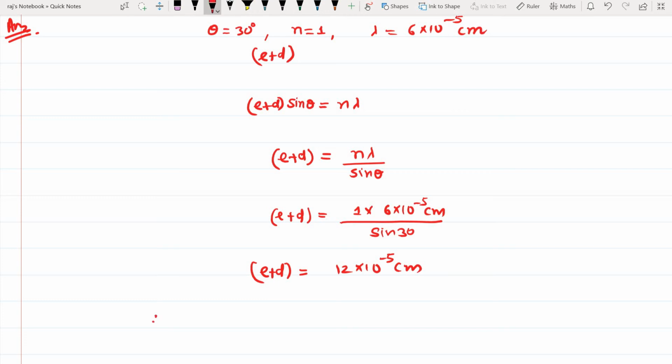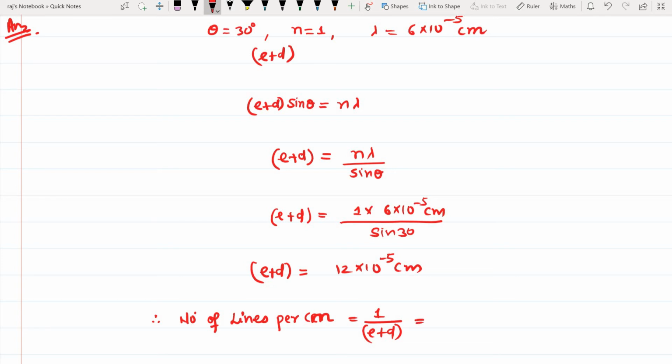Therefore the number of lines per centimeter will be 1 by E plus D. So lines per centimeter are nothing but 1 by the grating element.